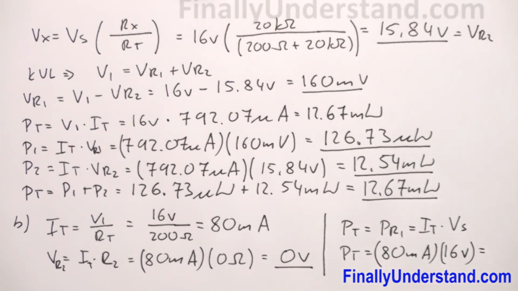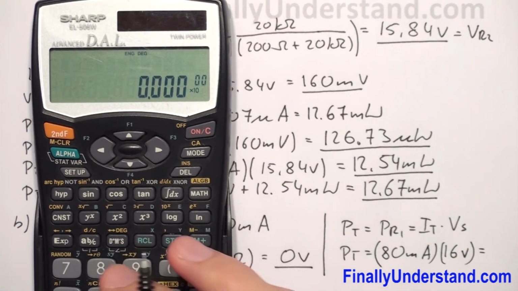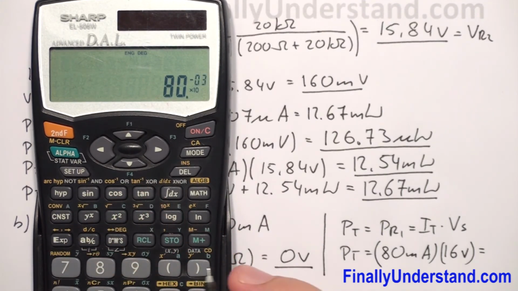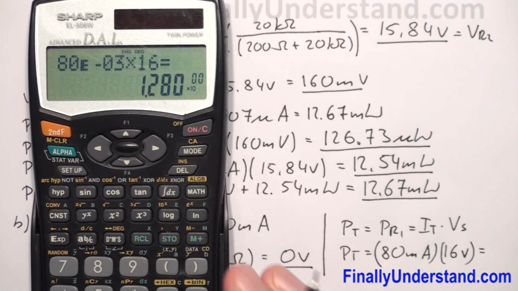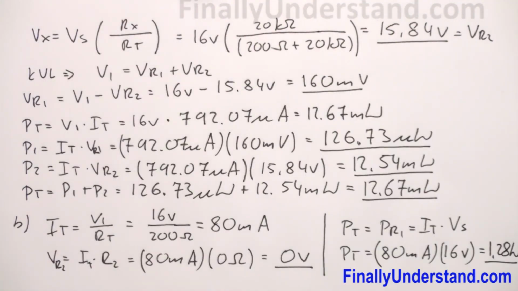This is equal to 80 exponent 3 negative times 16, which is 1.28 watts. This is my total power, and power P1.